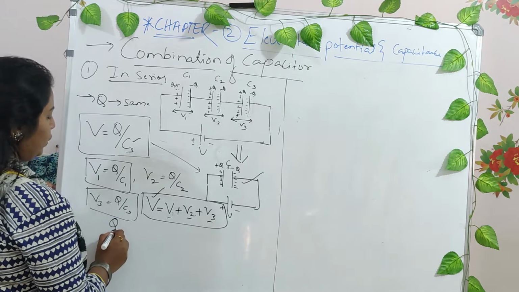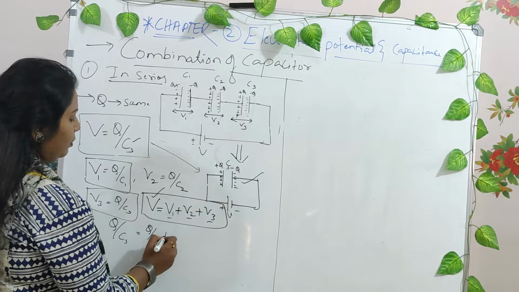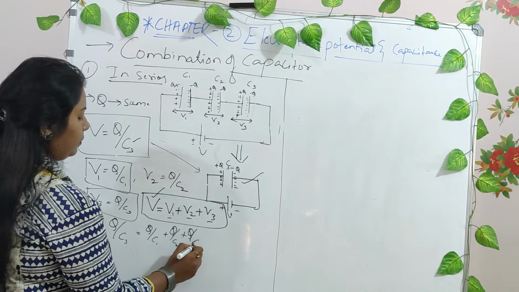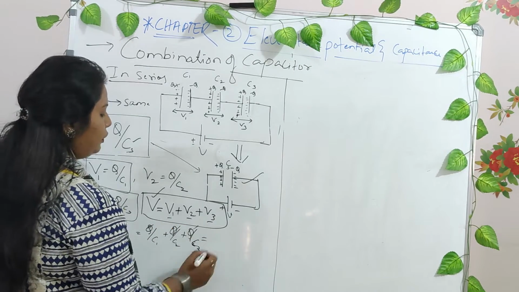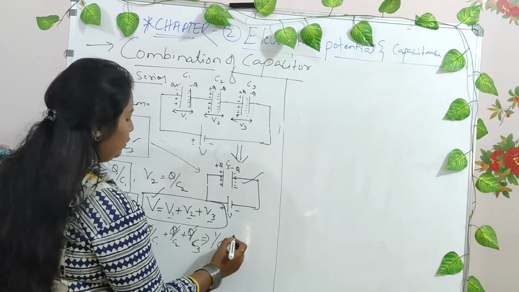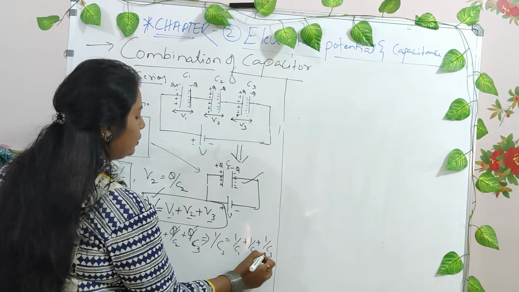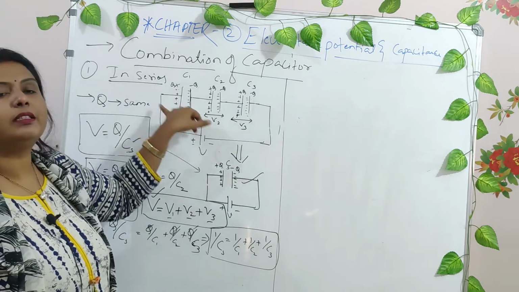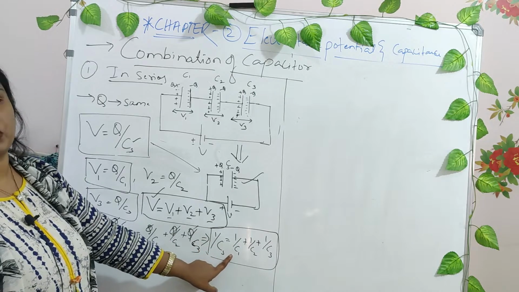Q divided by CS is equal to Q by C1 plus Q by C2 plus Q by C3. Q gets cancelled, and you are left with 1 by CS is equal to 1 by C1 plus 1 by C2 plus 1 by C3. This is the total capacitance produced by this particular circuit, right? The equivalent capacitance is given by this formula.